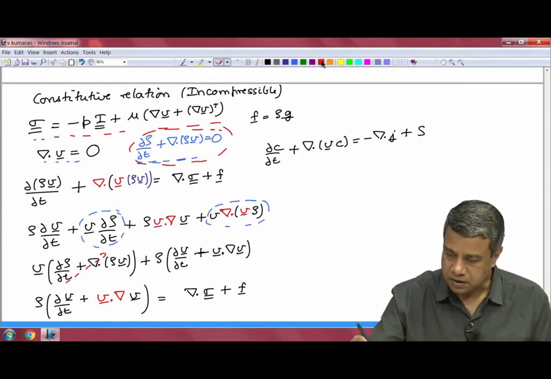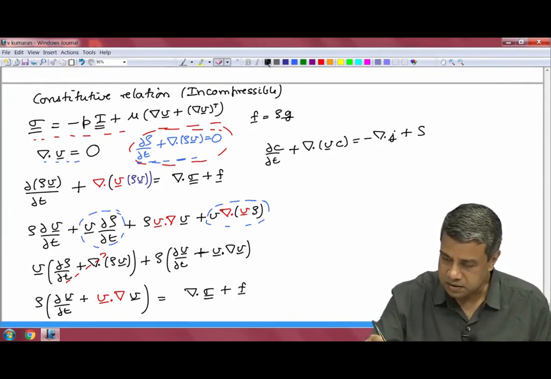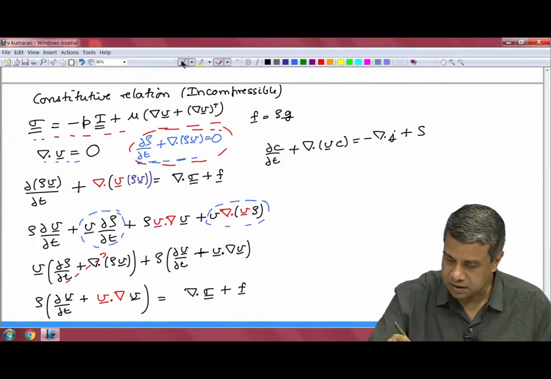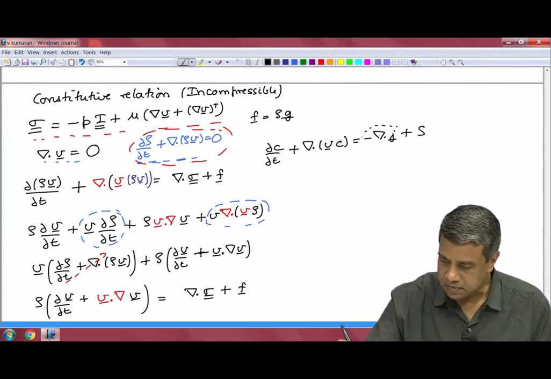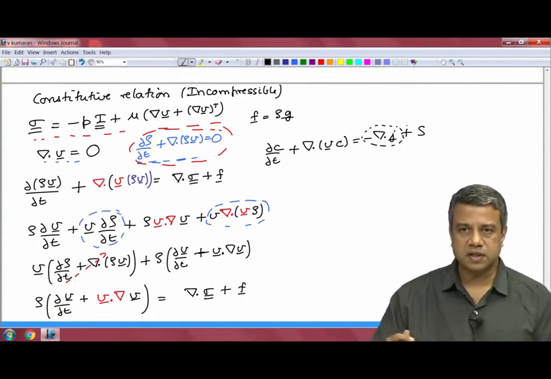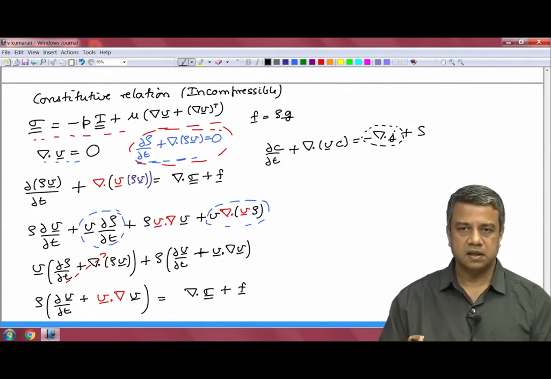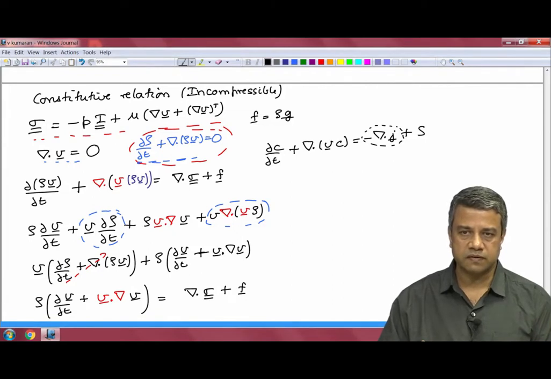Recall that the mass conservation equation contains a negative sign, and that is because the flux is defined to be positive if it is in the plus z direction. The flux Jz is, for example, positive if it is in the plus z direction. For momentum conservation, the stress is considered to be positive if the perpendicular to the surface is the outward unit normal, and because of that you do not have a negative sign in the expression for the stress.